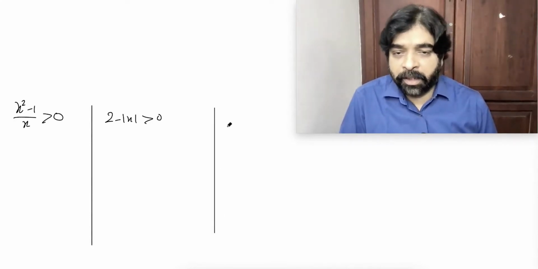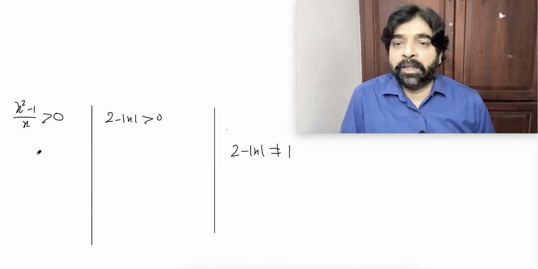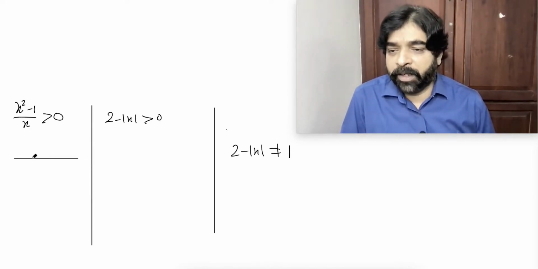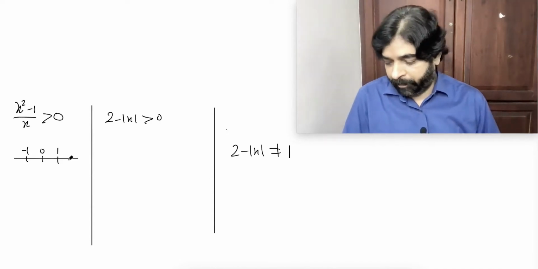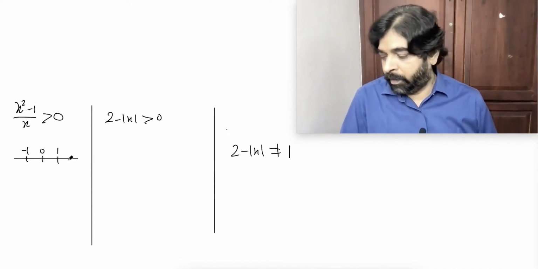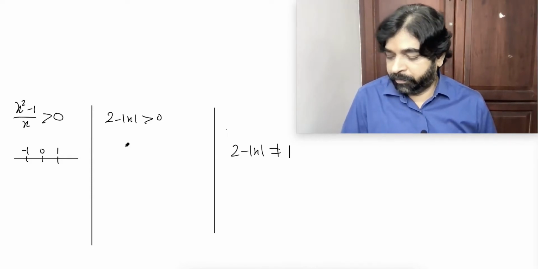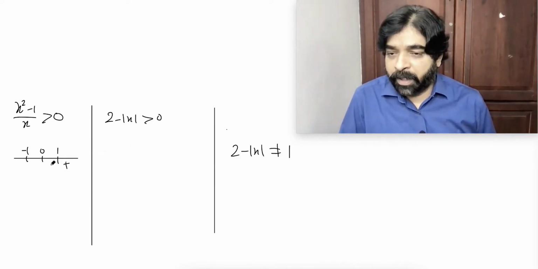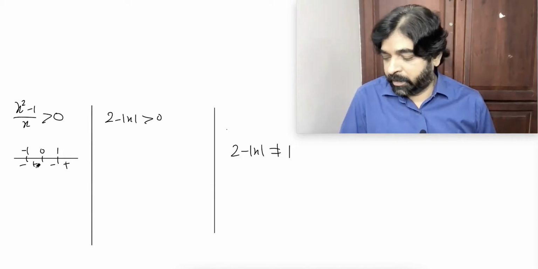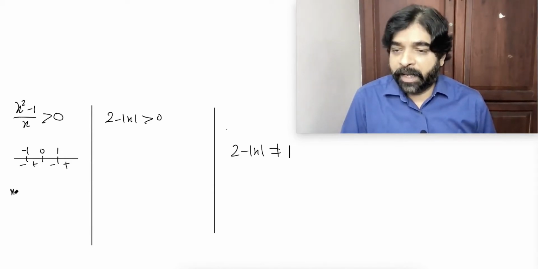Third condition, 2 minus mod x not equal to 1. Let's solve this. Directly I am doing. Critical points will be minus 1, 0, 1. So the signs are plus, minus, plus, minus. So I will say x element of minus 1 to 0, union 1 to infinity.